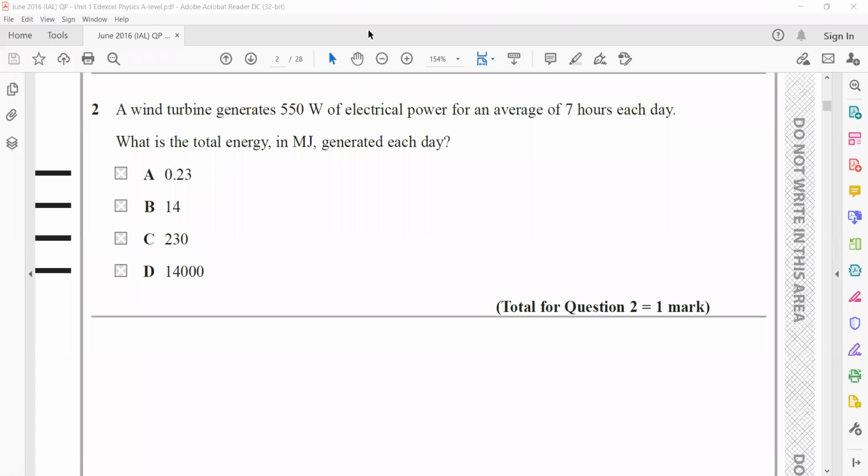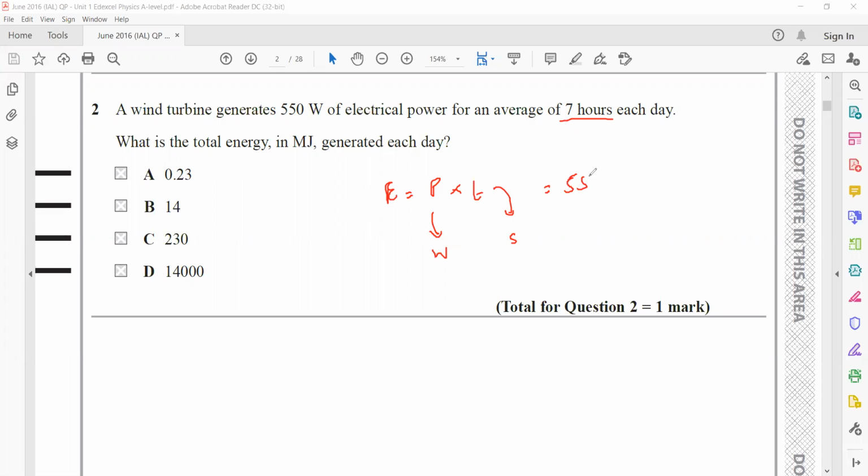A wind turbine generates 550 watts of electrical power for an average 7 hours each day. What is the total energy in megajoules? Energy is power multiplied by time, but to get the answer in joules, time should be in seconds, and power is in watts, which is joules per second.